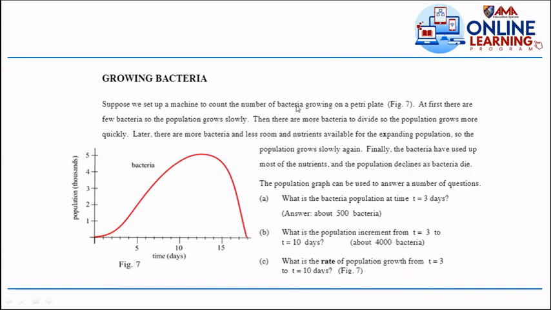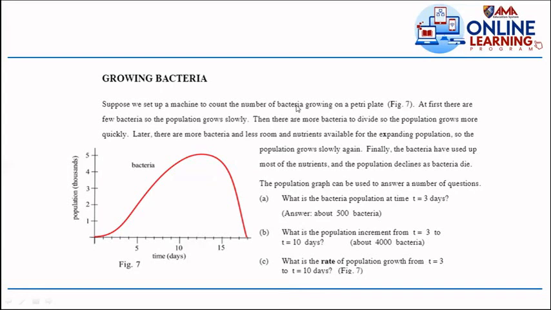Later, there are more bacteria and less room and nutrients available for the expanding population. So, the population grows slowly again. Finally, the bacteria have used up most of the nutrients and the population declines as bacteria die, no?